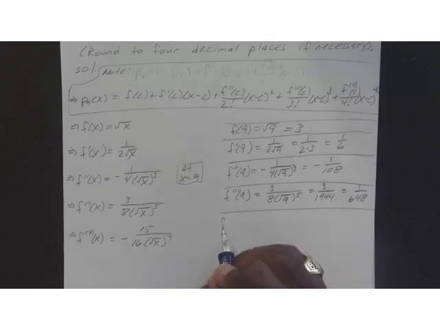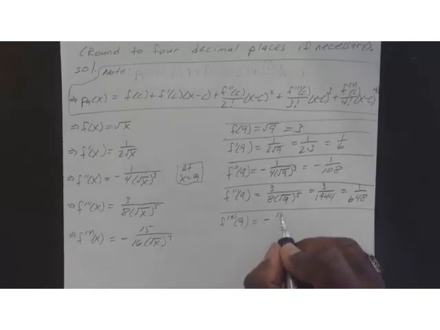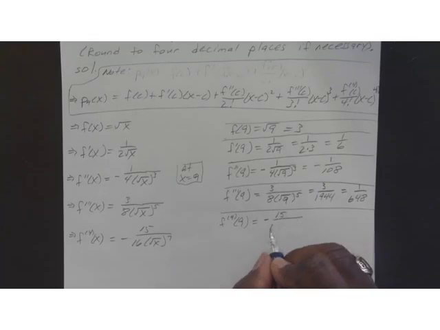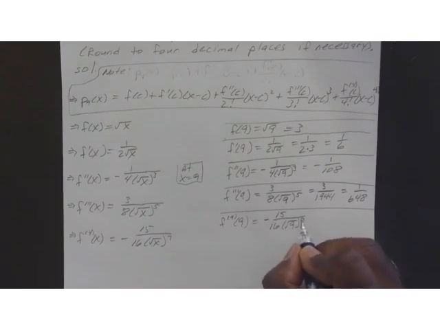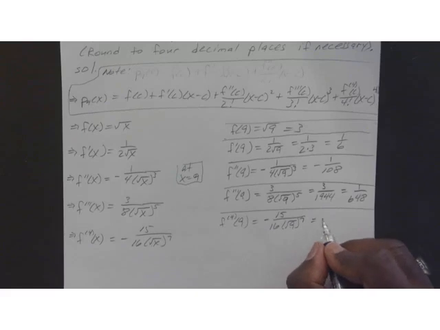And our fourth derivative at 9, we can rewrite that as -15 divided by 16 times the square root of 9 to the seventh power. So that will end up giving us 3 to the seventh power times 16 in our denominator.